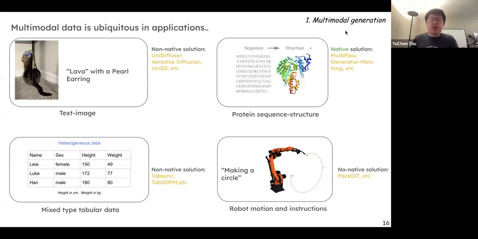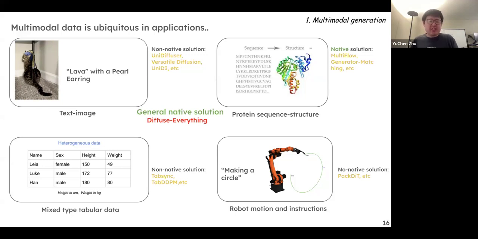On protein structure, I want to emphasize that there indeed are native state solutions proposed by elegant works such as MultiFlow and Generator Matching, where they target directly the protein sequence and try to generate the protein structure together with the sequence. But what we are trying to provide here is not a solution tailored to a specific data modality.